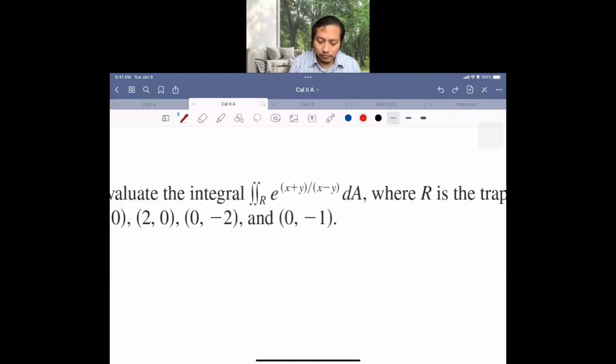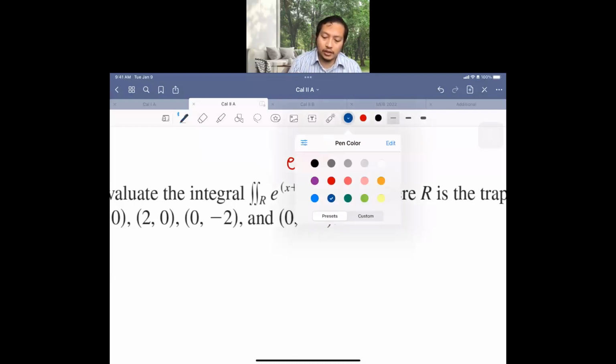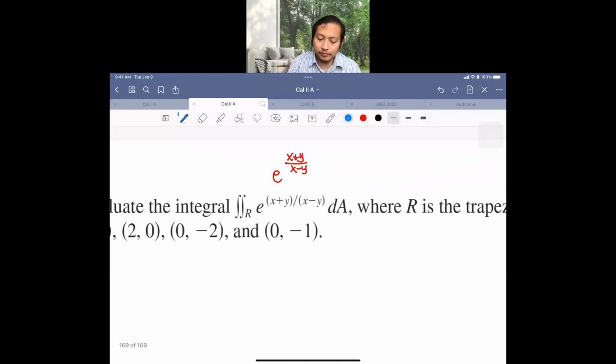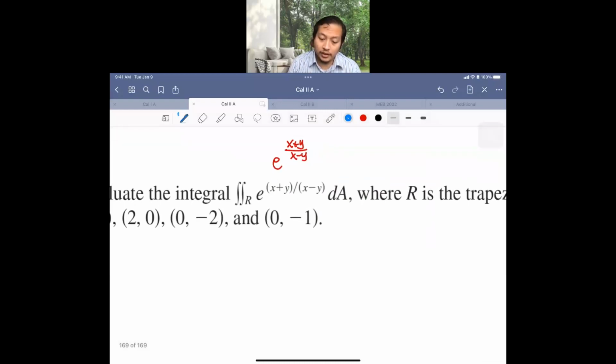If we take a look at this composition and think clearly, we can make our new variables u and v. Let u be x plus y and v be x minus y.